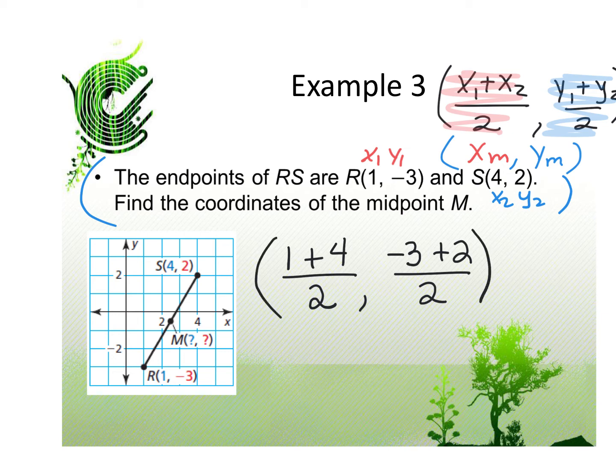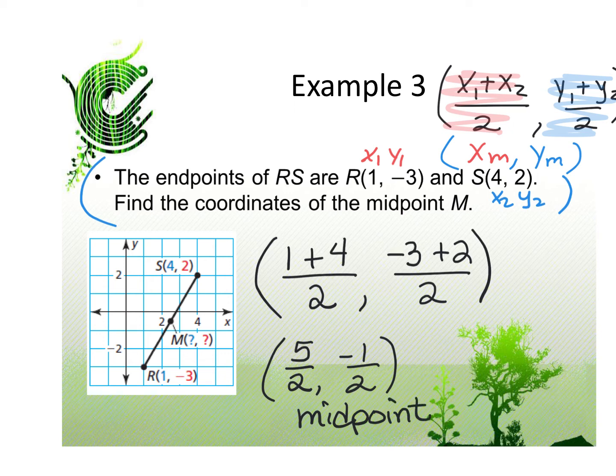I'm going to add 1 plus 4, I get 5. Negative 3 plus 2 is negative 1. This is my midpoint. Now, you can leave it improper, and you can leave it as the 5/2.